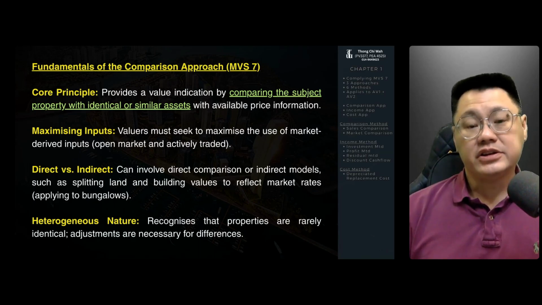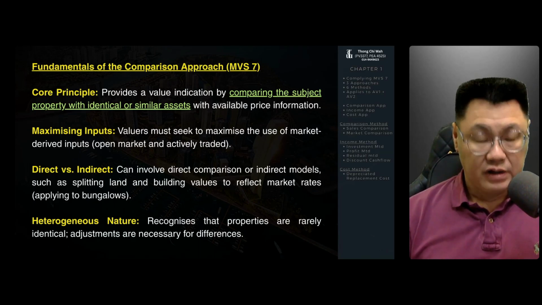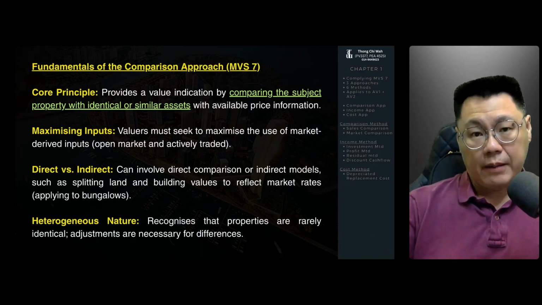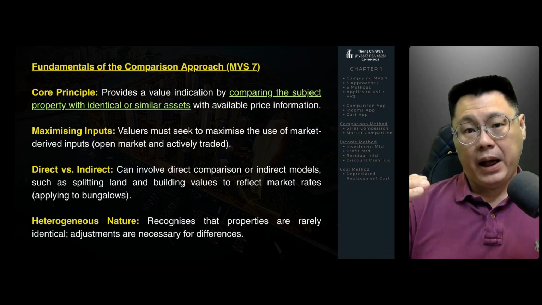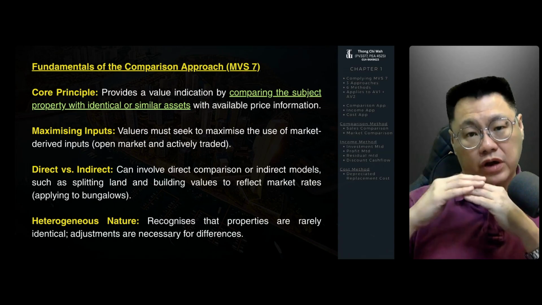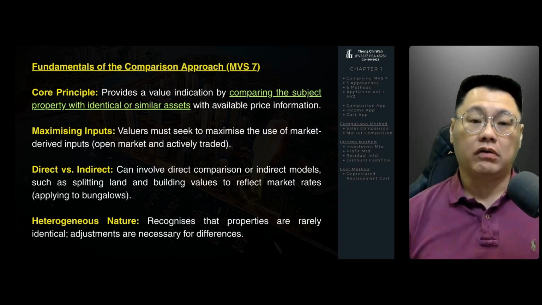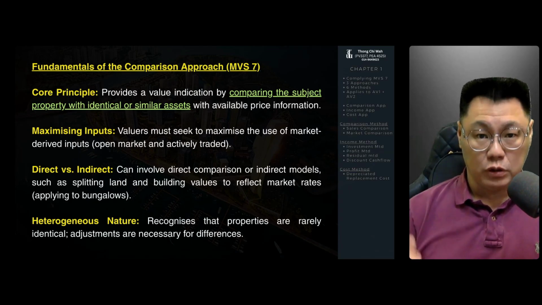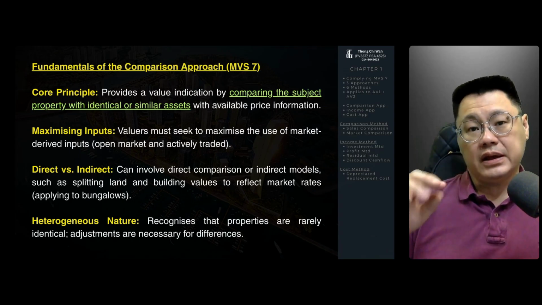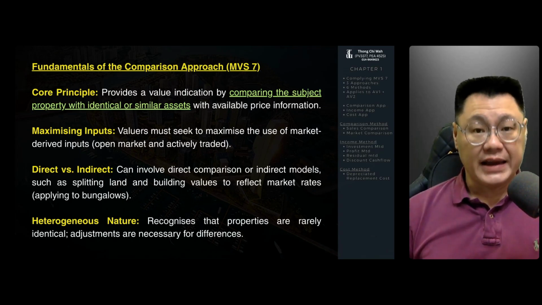This is important. Later in this video tutorial, we will show you which are not open market, direct and indirect. Direct is, for example, an apartment. An apartment floor has 10 units, two corner units, and the rest are called intermediate units. The 8 intermediate units are almost identical.